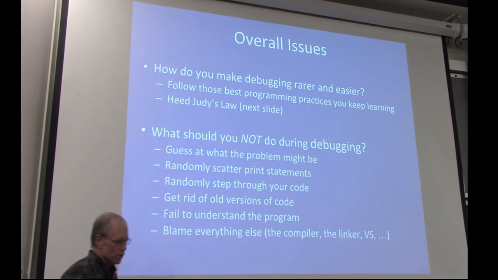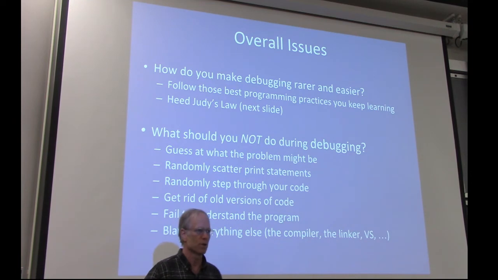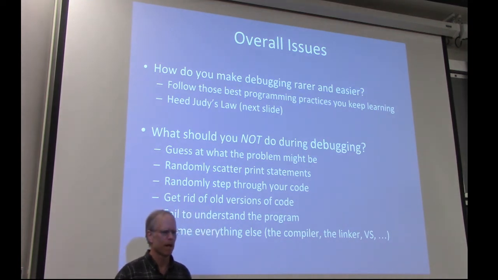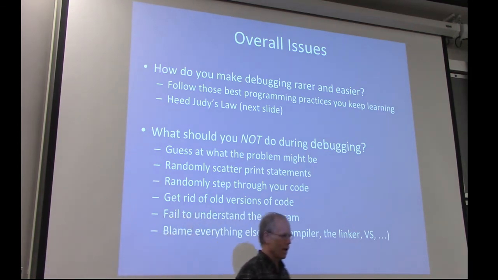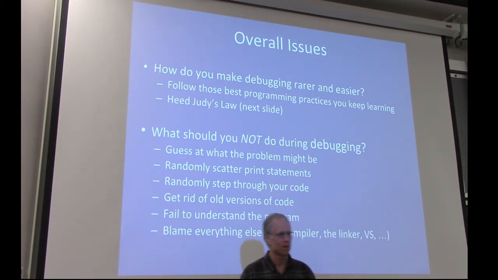Now, what you should not do is just guess at what the problem might be, or randomly scatter print statements in your code, or step through your code just to see if anything pops out at you. You should not get rid of old versions of your code. Because let's say that your program is working perfectly fine and now it's stopped. Well, if you made a commit recently, it worked when you committed, and now it doesn't work, you can just do a diff between the two commits and see what you changed.